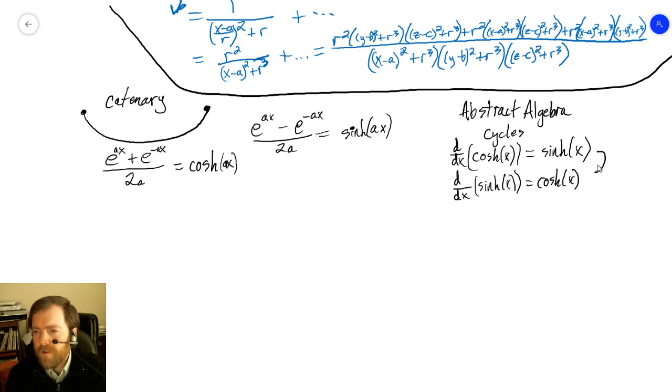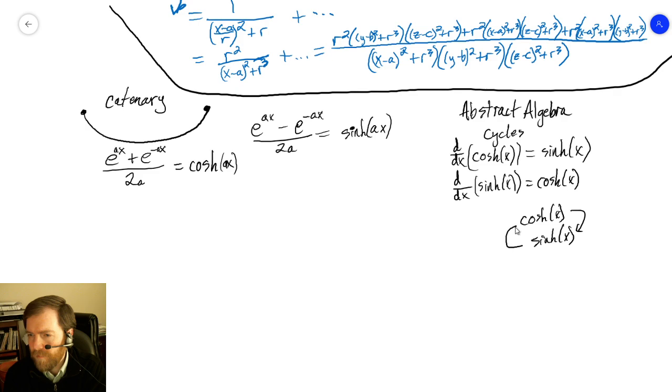So this bounces back and forth. This makes a 2-cycle.